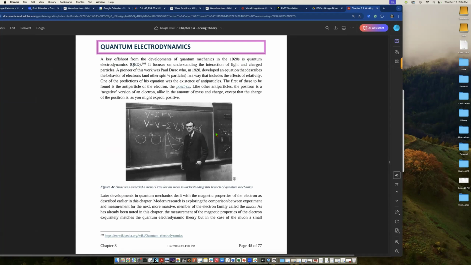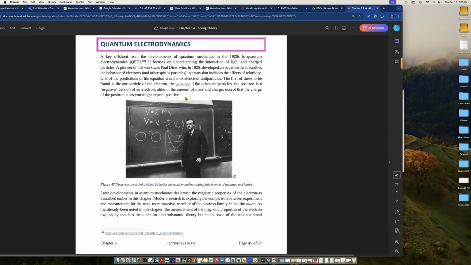And here's one of the pioneers of this, Paul Dirac, a Nobel Prize winner. Starting in the late 1920s, he and a few others developed this theory. And it's what produced those extraordinary predictions of the magnetic properties of electrons that I showed earlier.